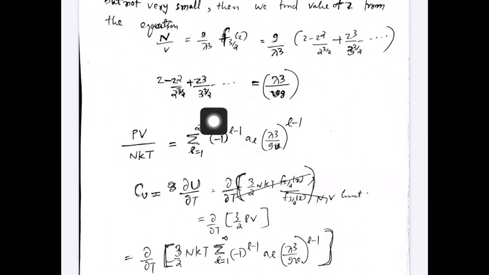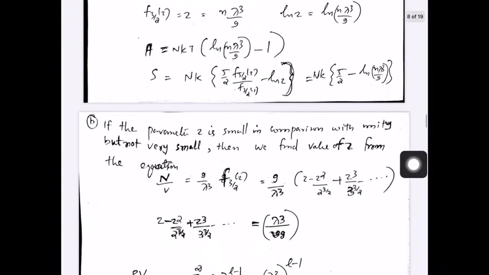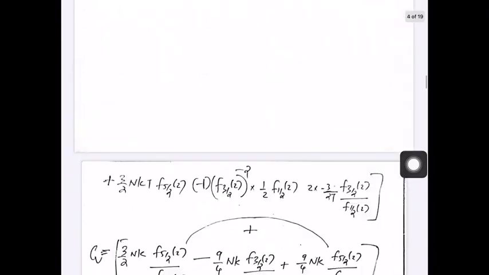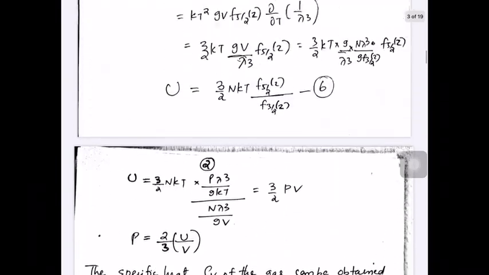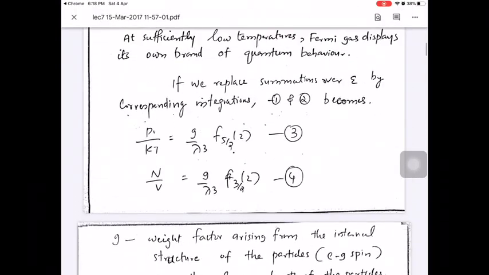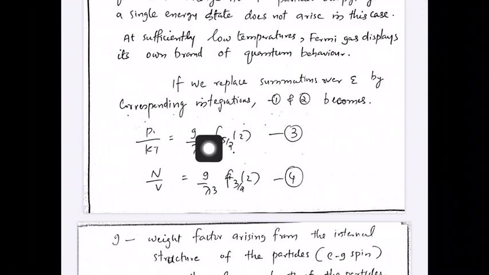So what will be PV/NkT? PV/NkT will be gv/(Nλ³) f_{5/2}(z). As gv/Nλ³, or g/λ³ times V/N, you can write this as 1/(λ³ v/g) f_{5/2}(z).